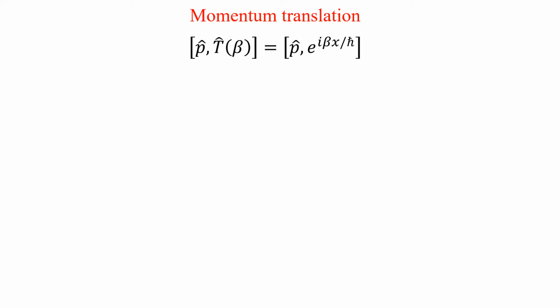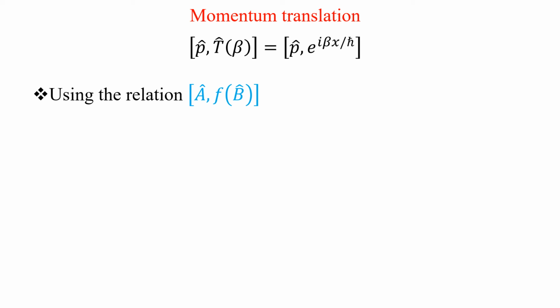So this is equal to the commutation of P with this translation operator, which is in the position basis, e power plus i beta x over h cross. Here also we use that same relation, the relation that we have just seen for position translation.